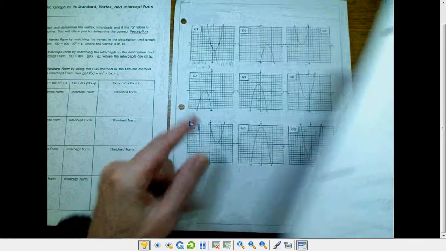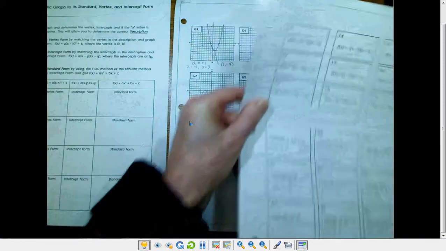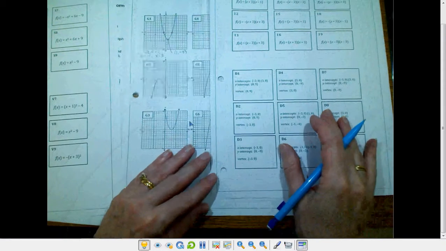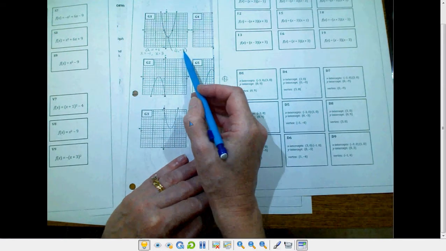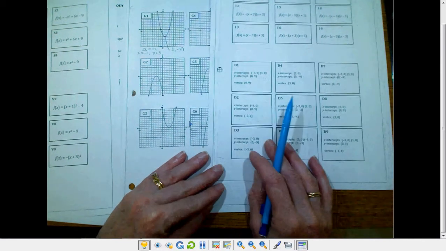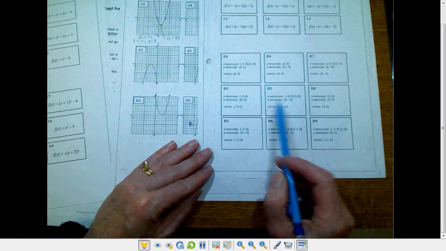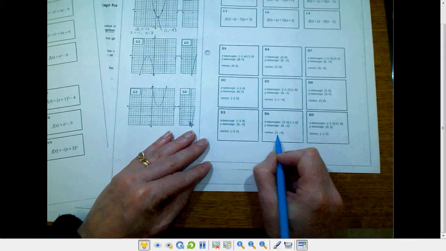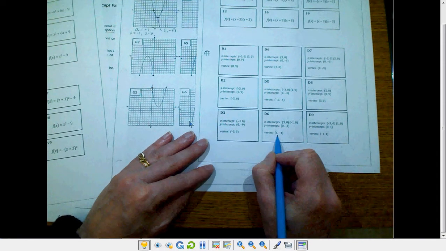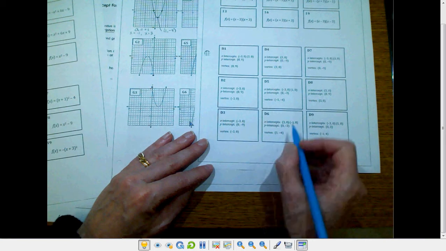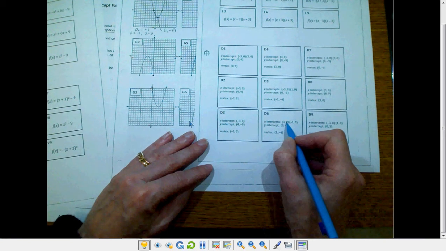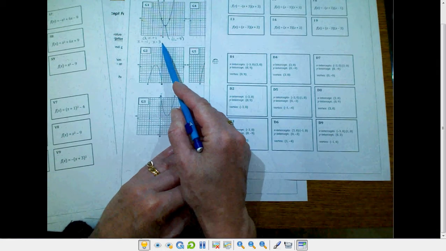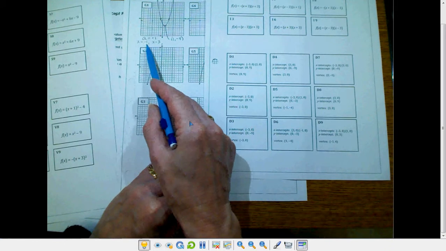So I'm going to get out my description sheet, and I'm going to see which of those descriptions matches that. The easiest thing to look for first is probably the vertex. So if I'm looking at my vertexes, boom, okay, right here, (1, negative 4). Let's see if the other stuff matches. I have x-intercepts at 3 and negative 1, yep. Because x equals 3, so y would be 0 if it's an intercept, and x equals negative 1.